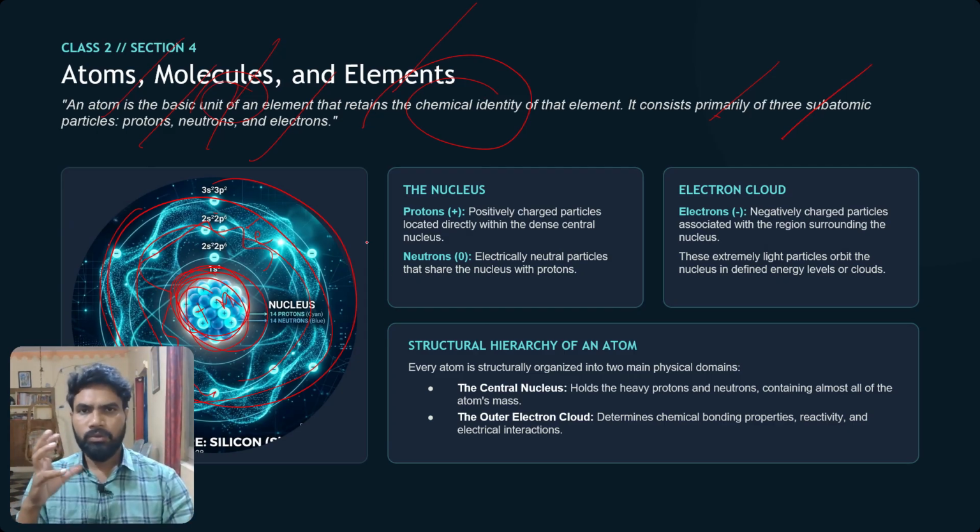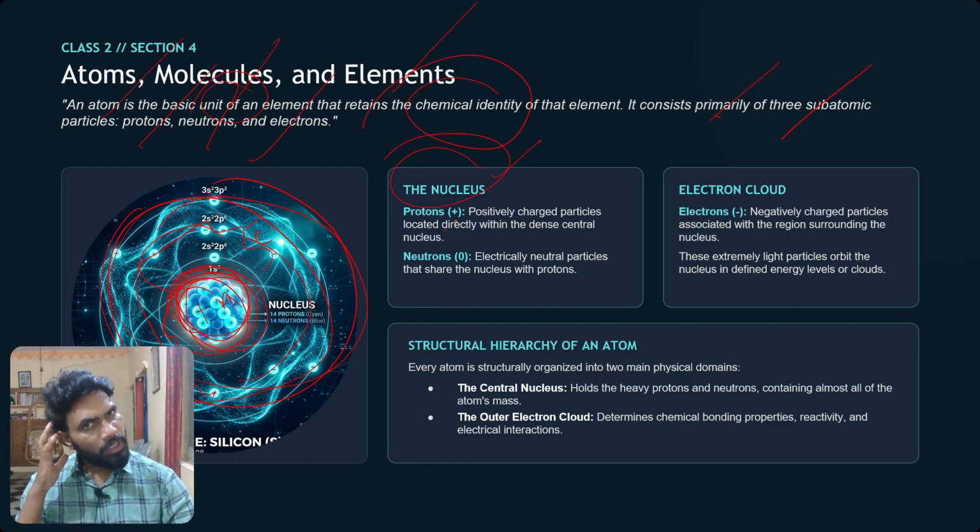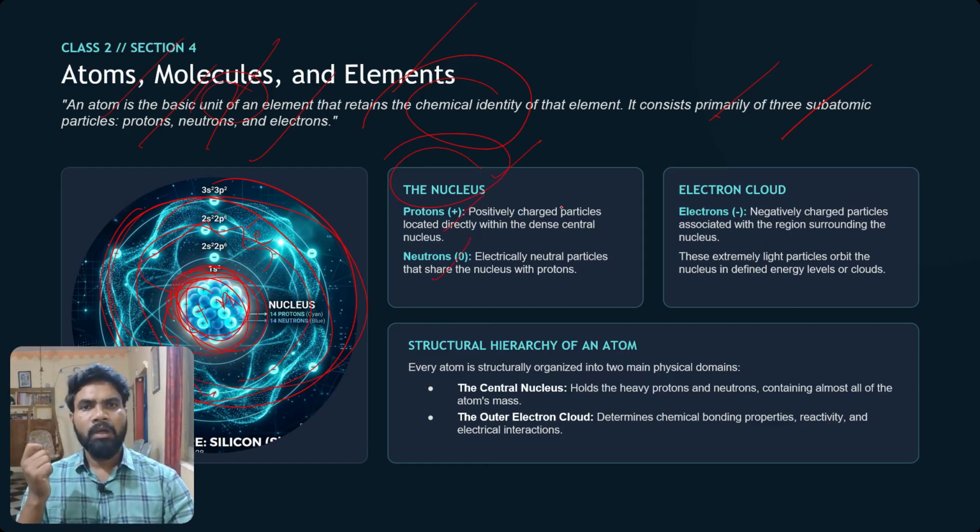So I have told you the atom has two components. One is the nucleus, and the second is the rest of the body. The nucleus comprises protons and neutrons. Protons are positively charged particles. That's why you will see the plus symbol here.